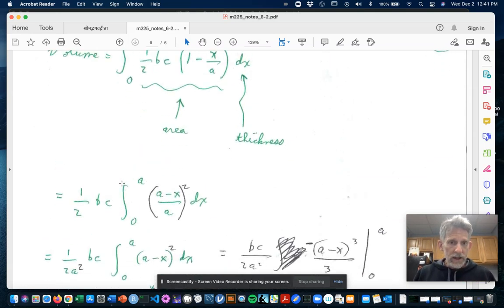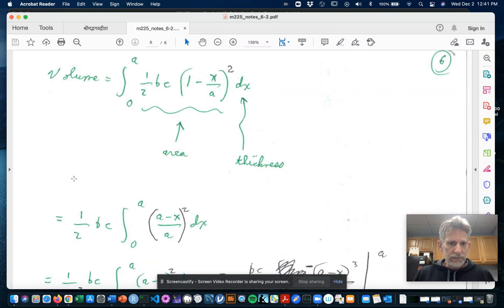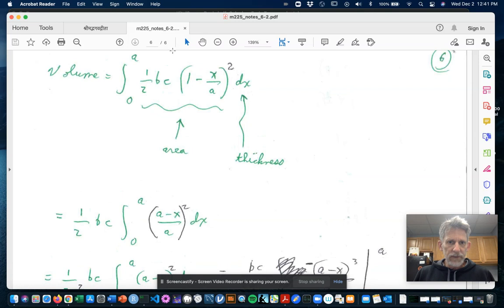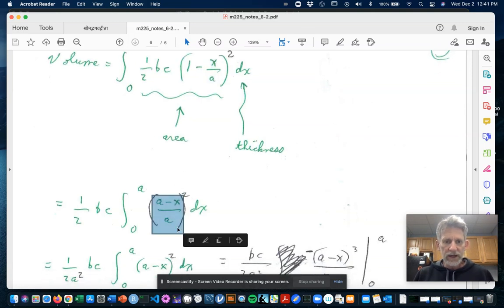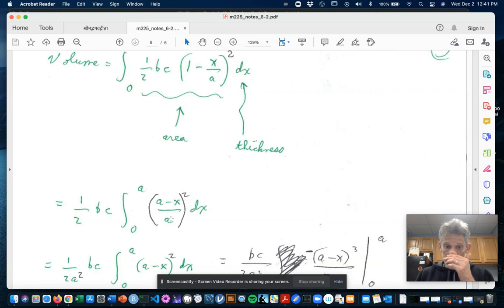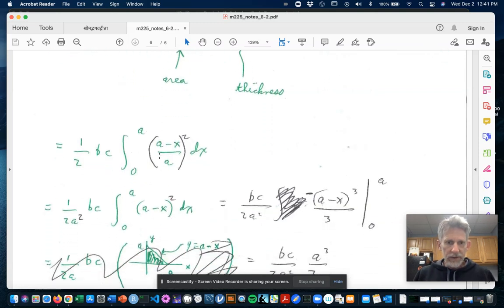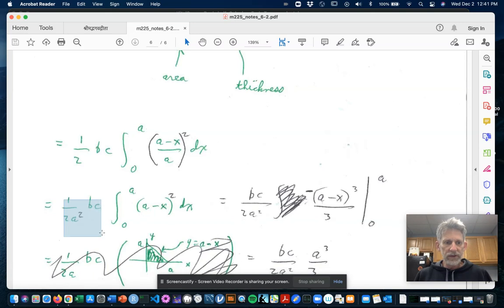I'm actually going to factor out the 1/2 bc. And I'm going to write this fraction as a over a minus x over a to have a common denominator of a. So I've got a minus x over a that I got to square. I can now factor out an a squared away from everything. And so I've got that outside now.